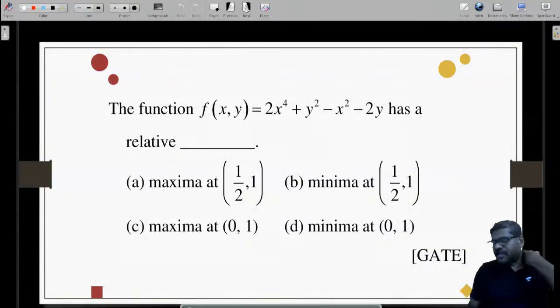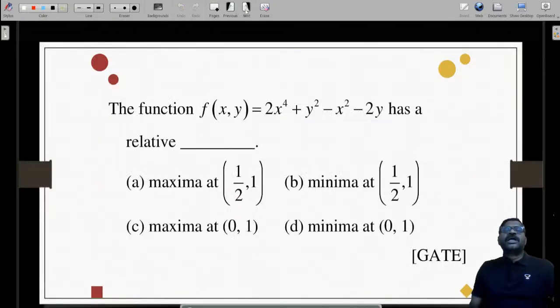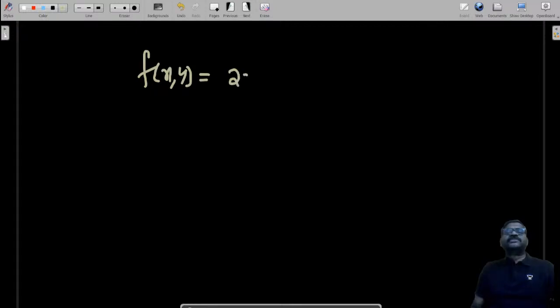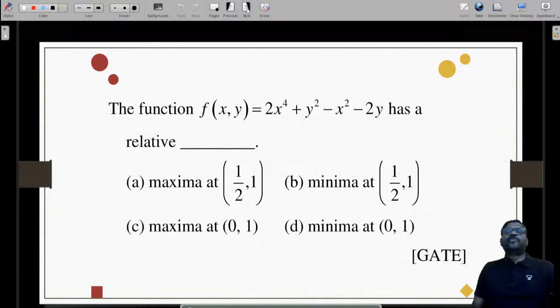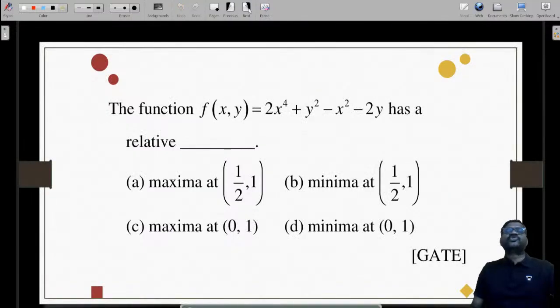Understood? Next problem. The function f of x comma y is 2x power 4 plus y square minus x square minus 2y.